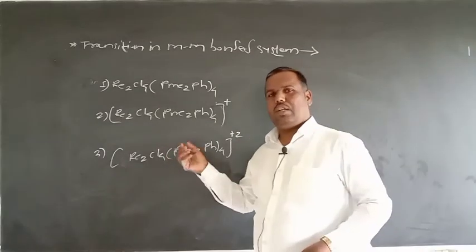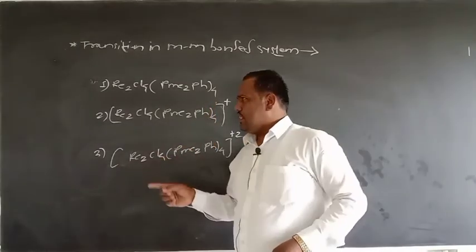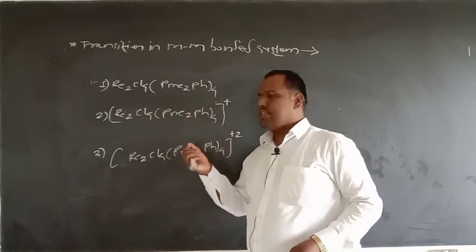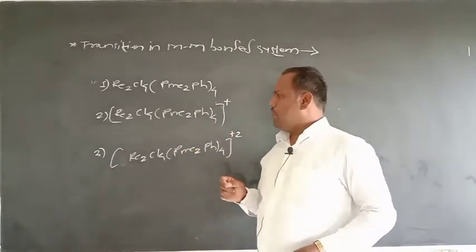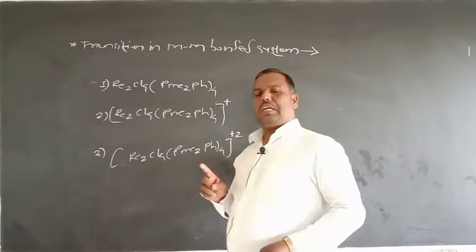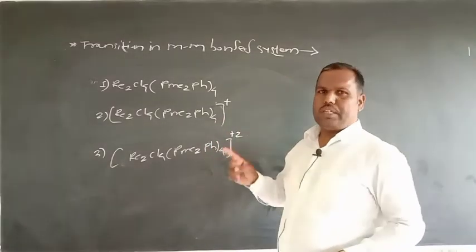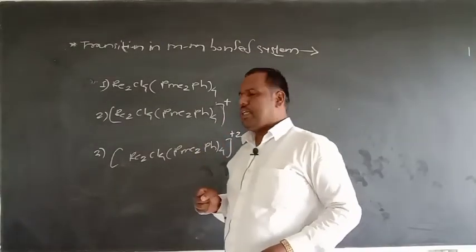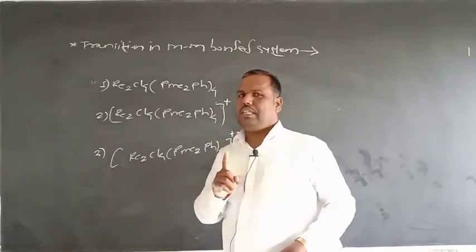So this is all about the system involving a metal-metal bond, but in this case the dx2-y2 orbital is not involved in bonding to form a delta bond, therefore only one delta bond is formed.